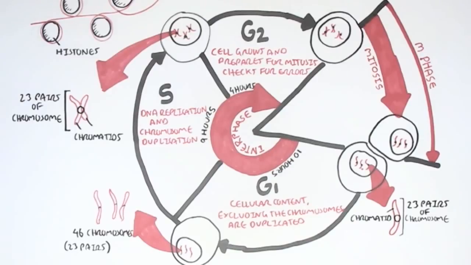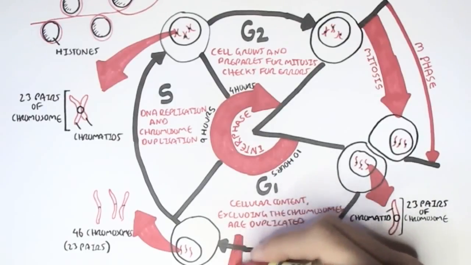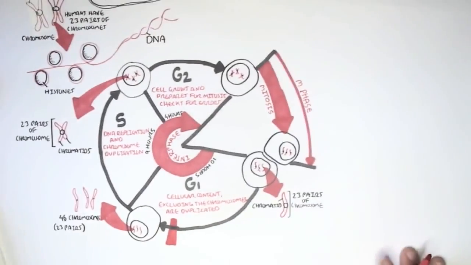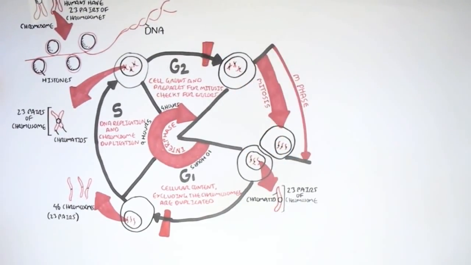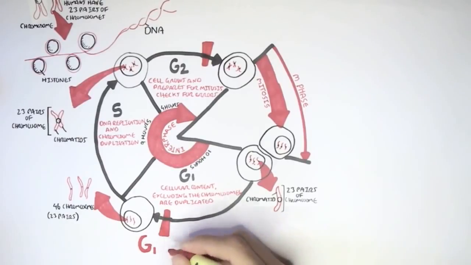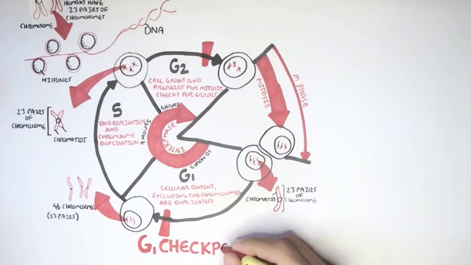Now, during the interphase, before cell division, before mitosis, there are 2 checkpoint areas where the cell will check for errors in the DNA, etc. These checkpoint areas occur before the end of G1 and before the end of G2.